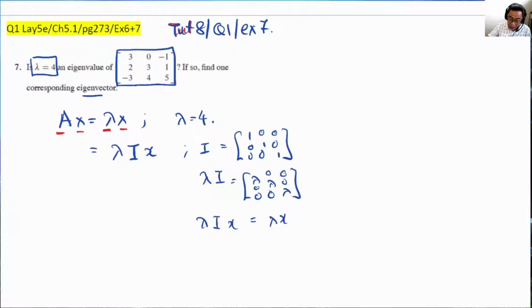Once we have it in this form, we can move the right hand side to the left hand side. So we have Ax minus lambda Ix equals 0. It doesn't matter whether you move it to the other side, which is equivalent to 0 equals lambda Ix minus Ax. You will achieve the same answer.